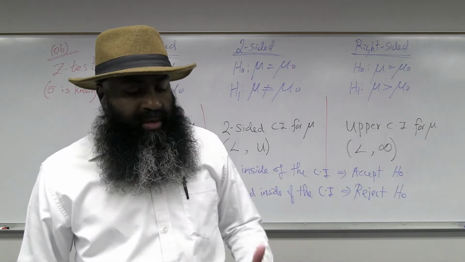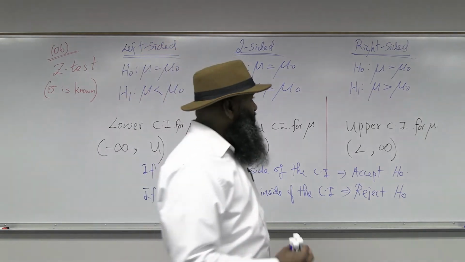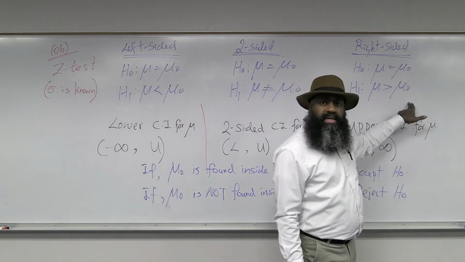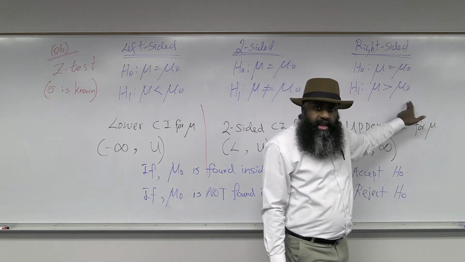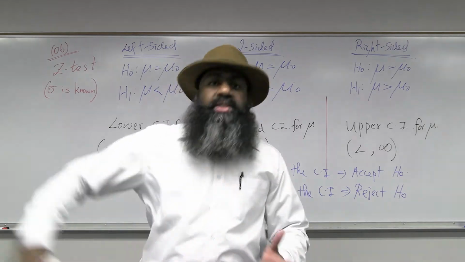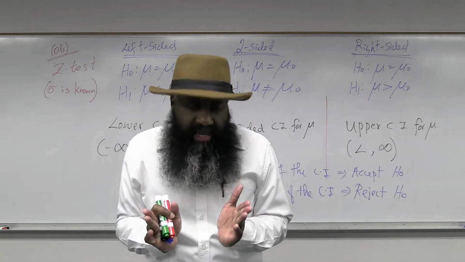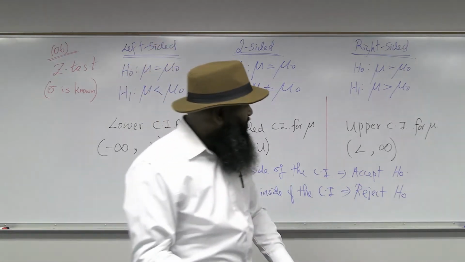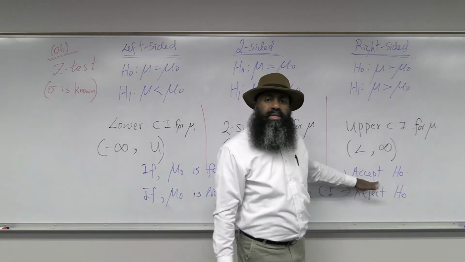For another example, if once again I'm testing the right-sided alternative with mu0 equal to 50, and my upper confidence interval is, let's say, from 40 to positive infinity, in that case, 50 is found inside of that. In that case, I will say I accept the null hypothesis.